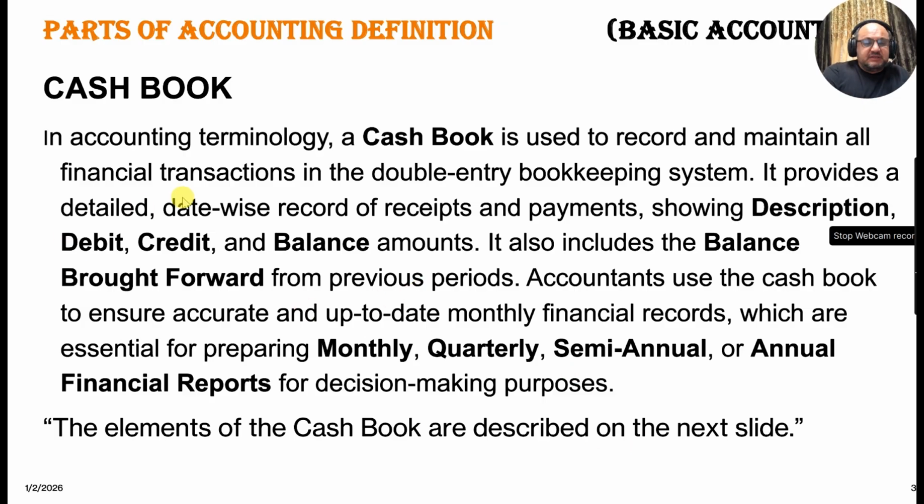So let's start defining the cash book. In accounting terminology, a cash book is used to record and maintain all financial transactions in double entry bookkeeping system. What does it mean, double entry bookkeeping system? It has 2 sides, debit, credit, debit, credit. This is called double entry system.